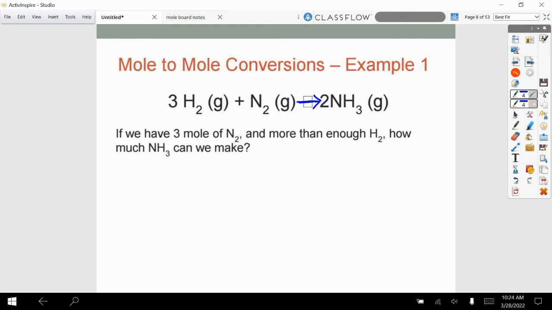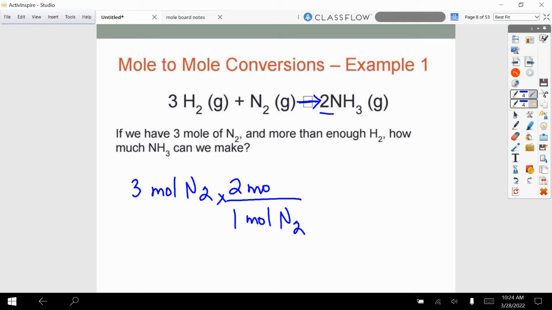We have 3 moles of N2, and for every 1 mole of N2, we produce 2 moles of NH3. So 3 times 2, we would have 6 moles of NH3 produced if we have 3 moles of N2 and more than enough hydrogen. Notice our moles cancel out and we're left with moles of ammonia.